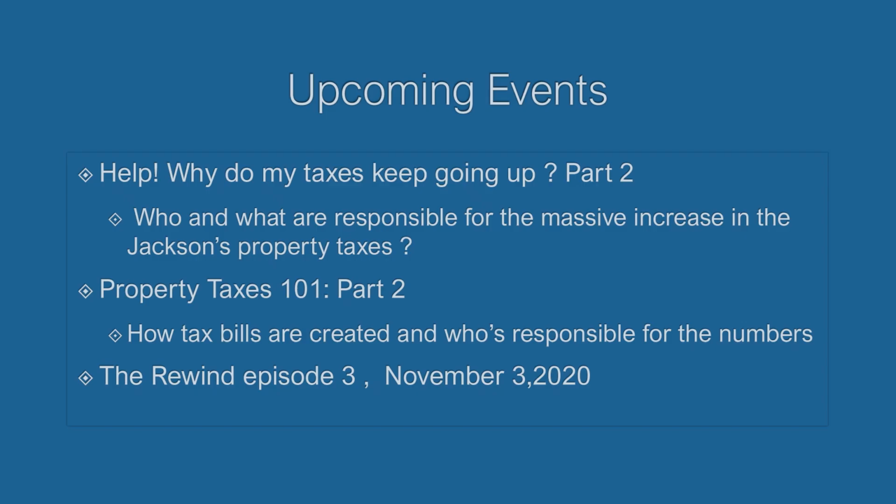This is part 1 of Property Taxes 101, and in part 2, we're now going to focus on how your tax bills are created and who's actually responsible for those numbers. Who's responsible for the increases in your tax bills from year to year, and who's responsible for putting all that information together. And then lastly, this week is going to be another board meeting. So the episode 3 of the Rewind, which is pretty much like a condensed version of a summary of the board meetings, will be coming out sometime later this week.